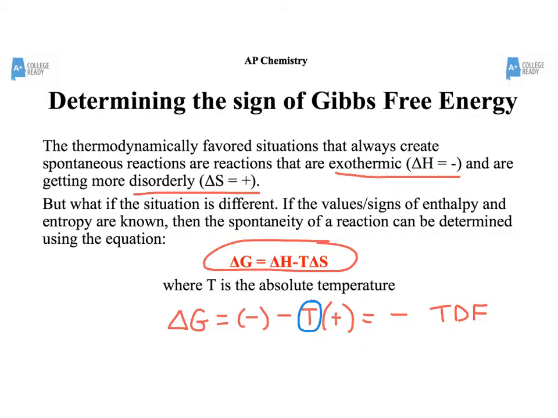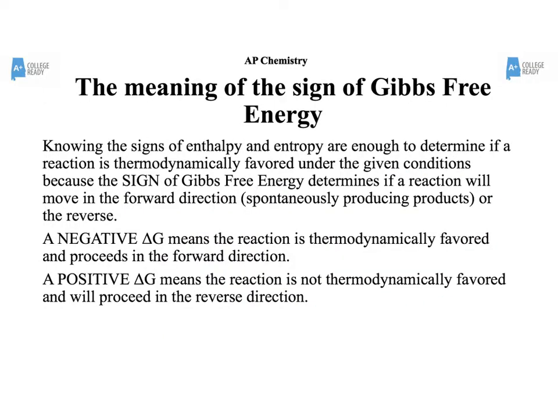If the situation's not like that and you end up with a positive delta G, well, then the reaction is not thermodynamically favored. So keep those two things in mind when we're talking about the reactions. A negative delta G means the reaction is thermodynamically favored.